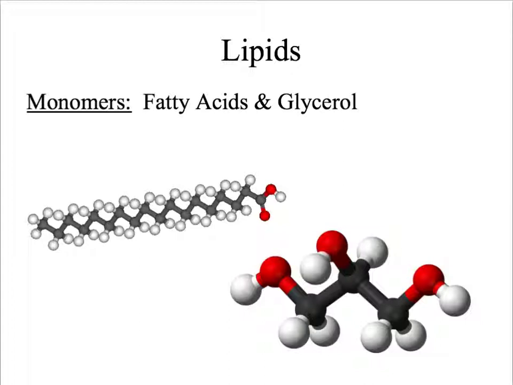Now, lipids are a really diverse group. There's a lot of different kinds of lipids. But one thing that a lot of lipids have in common is they are made of something called a fatty acid chain. And they also commonly have a group called the glycerol group. When you made these in class, those glycerols that you built kind of looked like little reindeer.